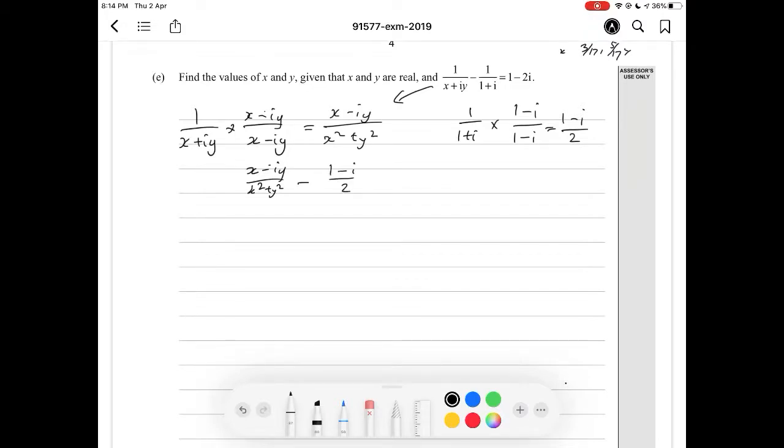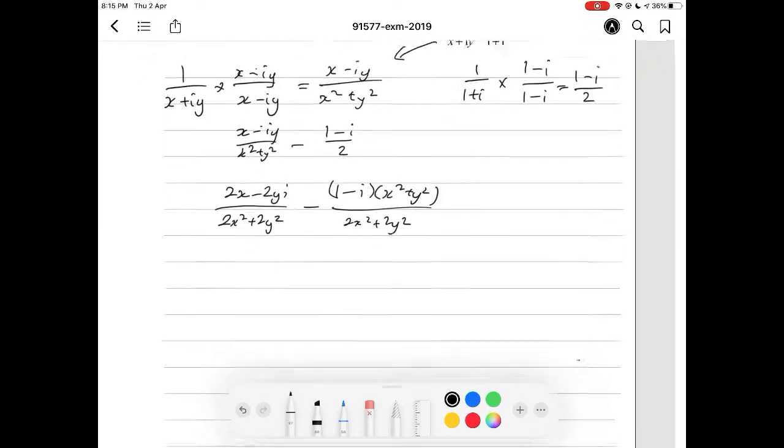Now we need to make a common denominator. We can multiply the left-hand side by 2, and we can multiply the right-hand side by x squared plus y squared. So we have 2x minus 2yi over 2x squared plus 2y squared, minus 1 minus i times x squared plus y squared over 2x squared plus 2y squared.